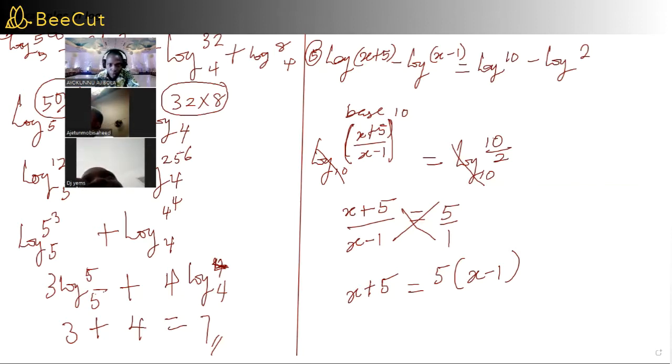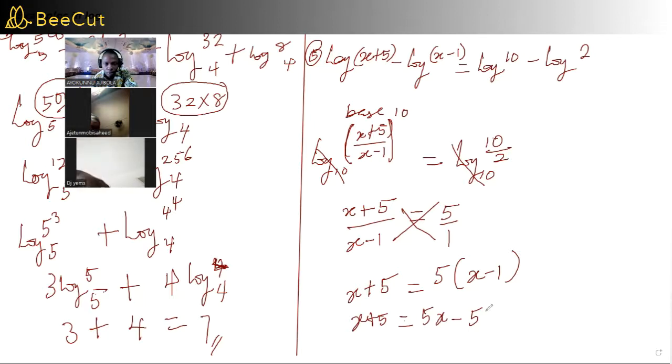So, from where we said, we have x plus 5 multiplying 1 is x plus 5, and 5 multiplying x minus 1 is going to be 5x minus 5 here. So what I have here is x plus 5 equal to 5x minus 5.